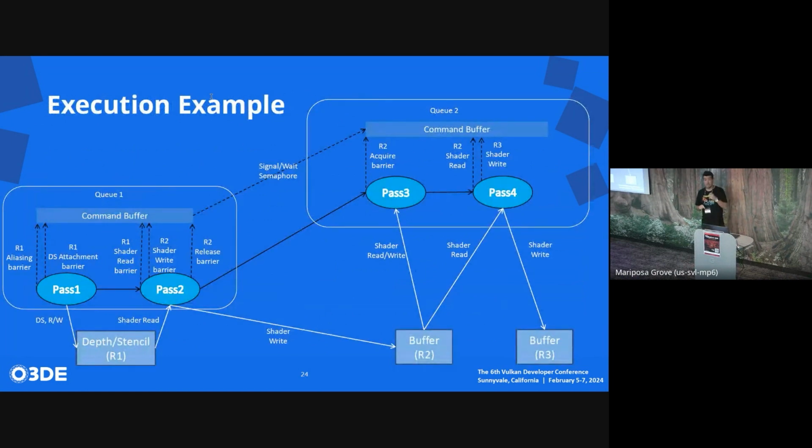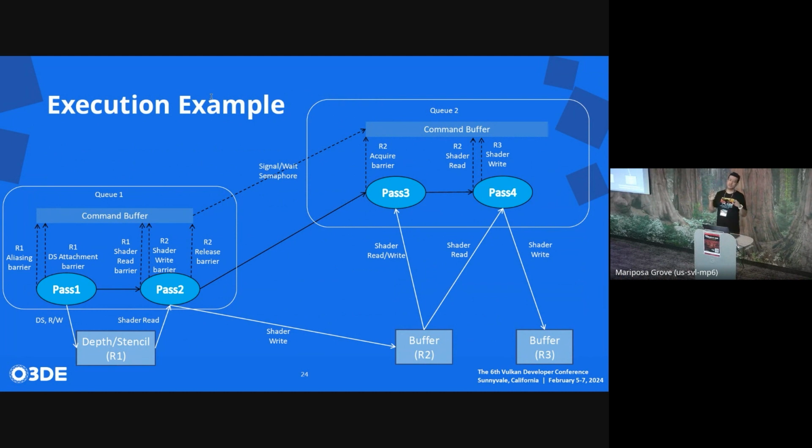Over here, I have a small example trying to explain all of this, the way we execute the barriers and the work. We have 4 passes and 2 queues. The queues don't belong to the same family, so there has to be a transition of ownership.